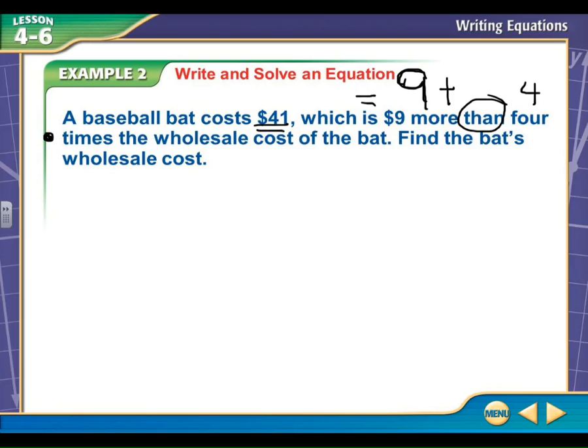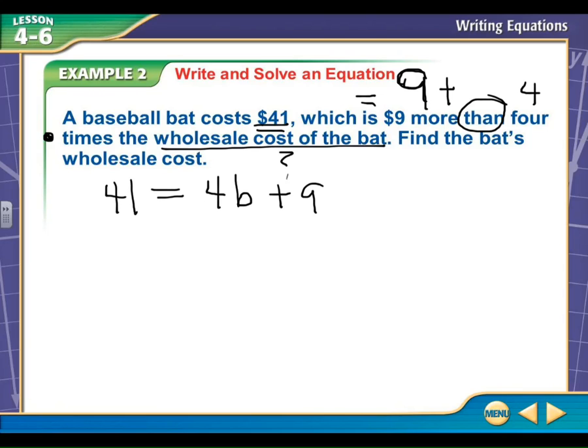Well, I don't know what the wholesale cost of the bat is. That's what I'm trying to find out. So I'm going to let that be my variable, and I'm just going to use a B for bat. So I've got 41 equals 4B plus 9, because it's 9 more than 4 times the wholesale cost of the bat.